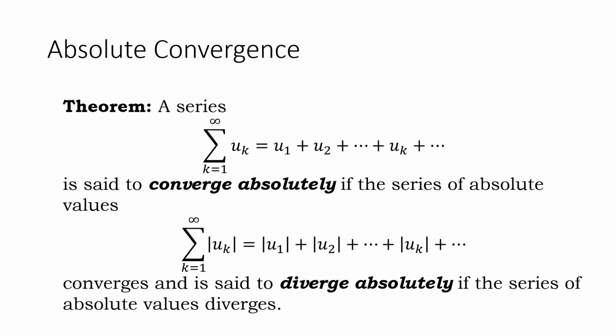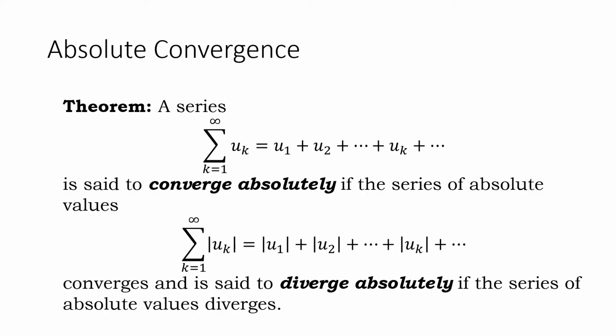So in this case, we will now develop some convergence tests that we can apply to such series. So we have here the definition. The series, the summation of u sub k from 1 to infinity, is equal to u sub 1 plus u sub 2 plus so on plus u sub k plus so on.